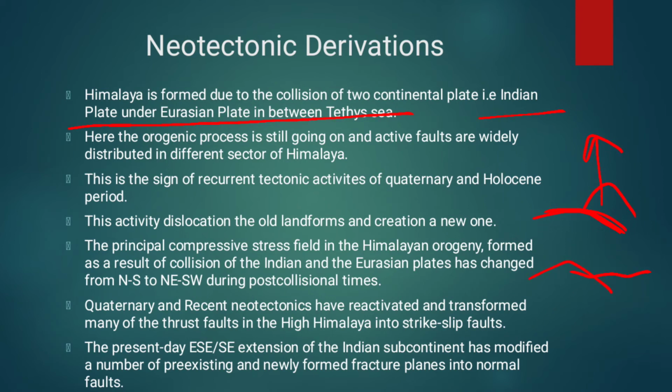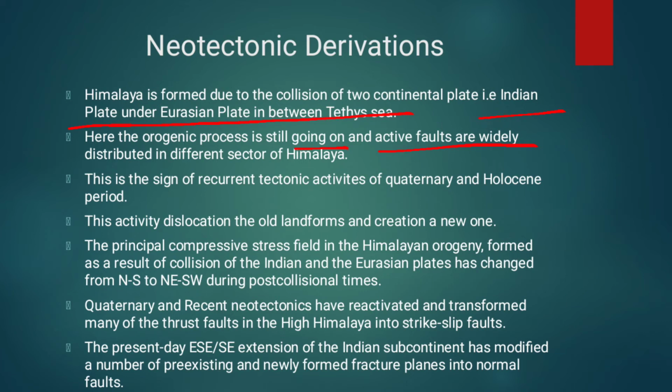We know that India came from near Madagascar and South Africa, and Eurasia is in its place. So this is a sea. Then the orogenic process is still ongoing, and active faults are widely distributed in different sectors.